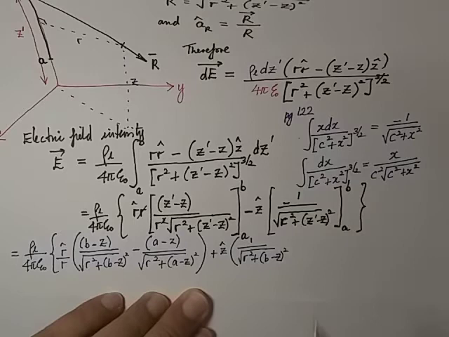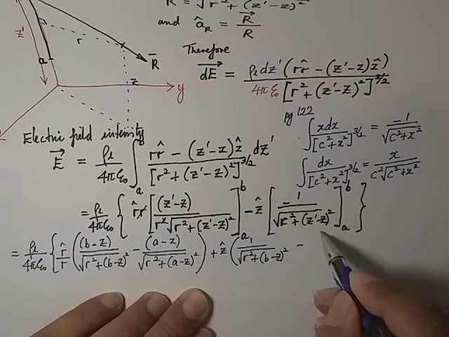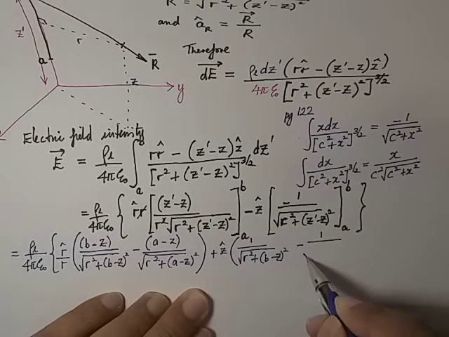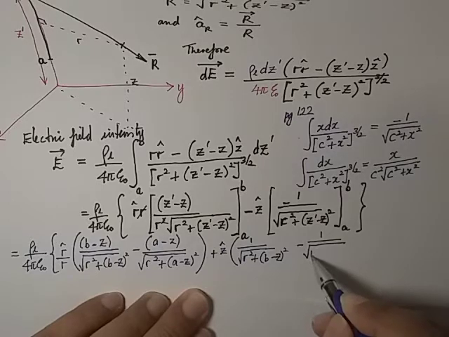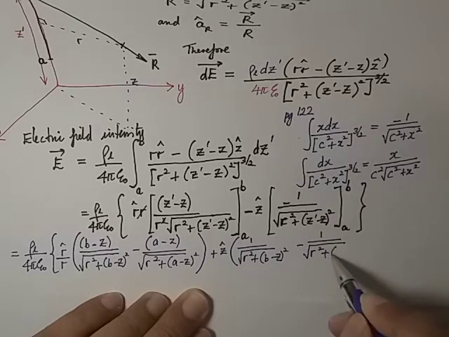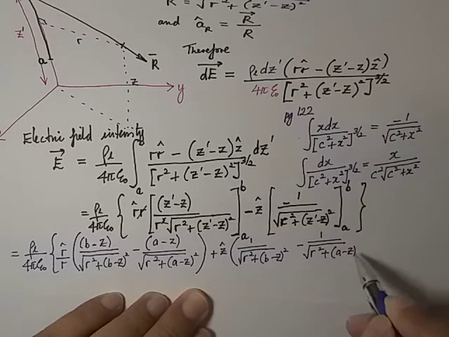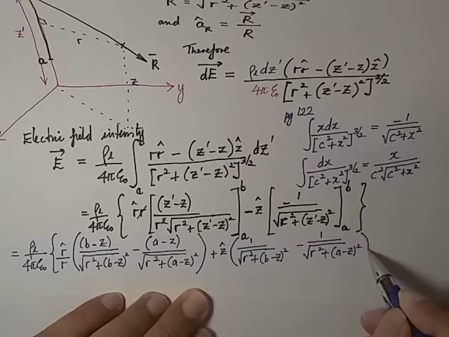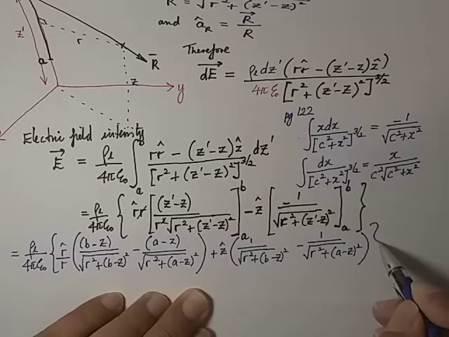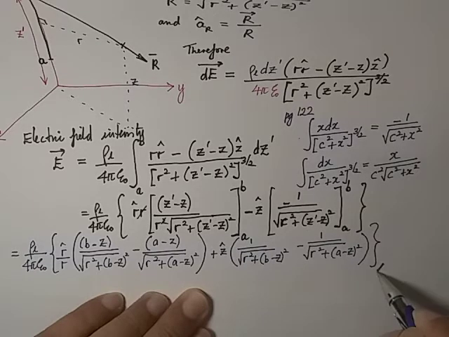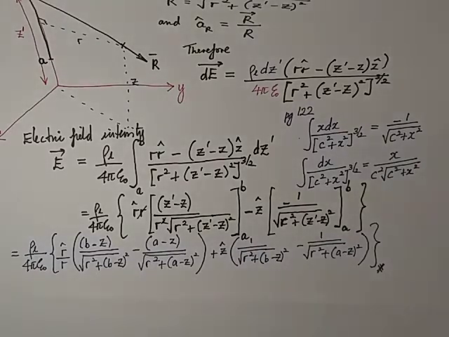Okay, done. Minus 1 over square root of R square plus A minus Z square. Okay, close bracket and then close bracket. So that should be our solution for the electric field generated by the finite line charge.